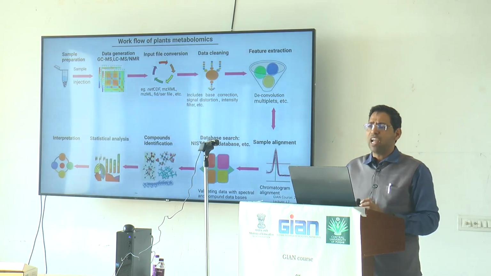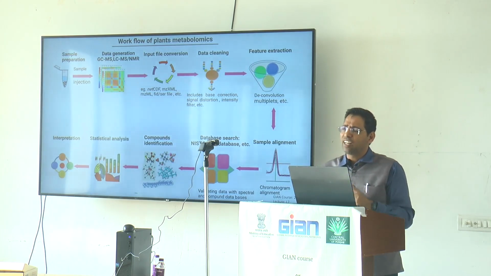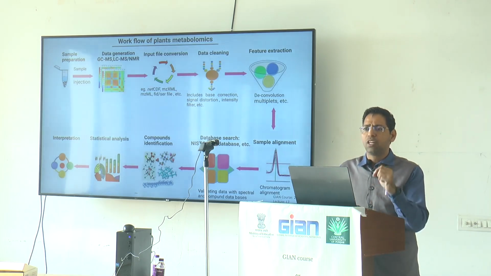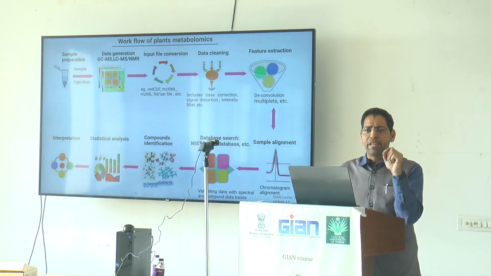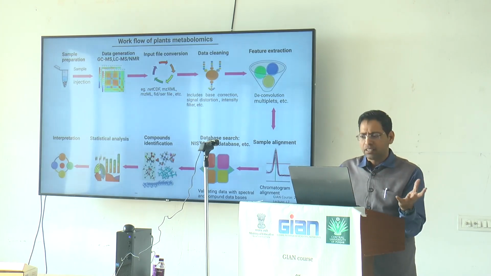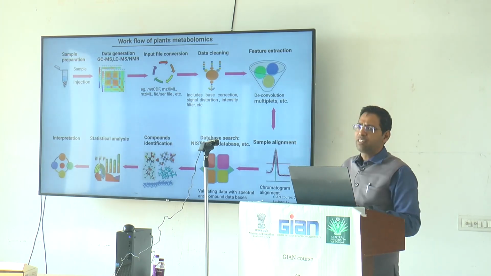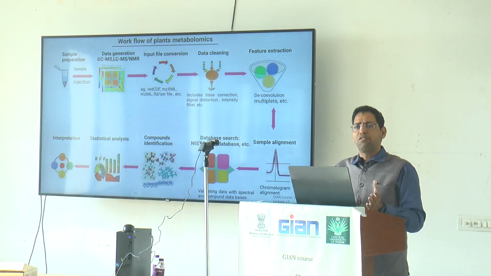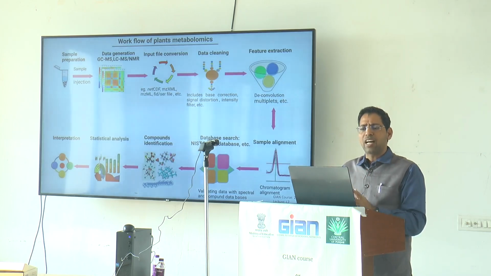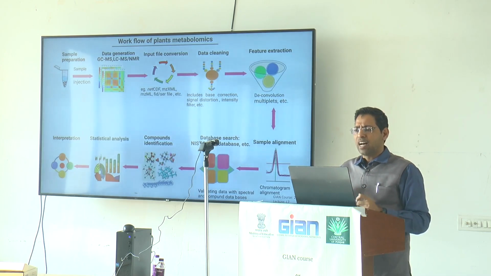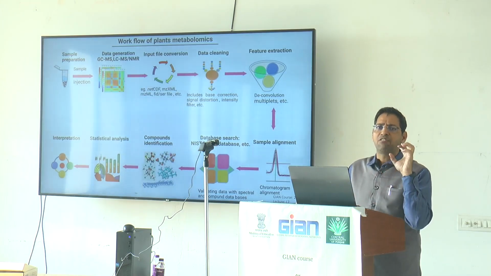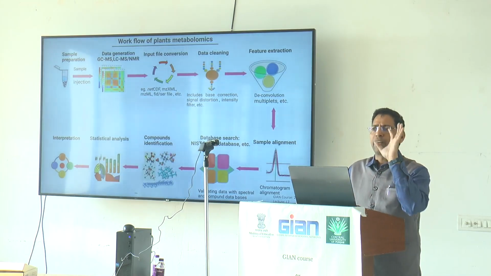After that we have to clean the data. What is the meaning of cleaning here? Baseline corrections, signal distractions and intensity filters. These are a few parameters which we can improve by cleaning the data. Another one is that we have to identify the features which are associated with that particular data.